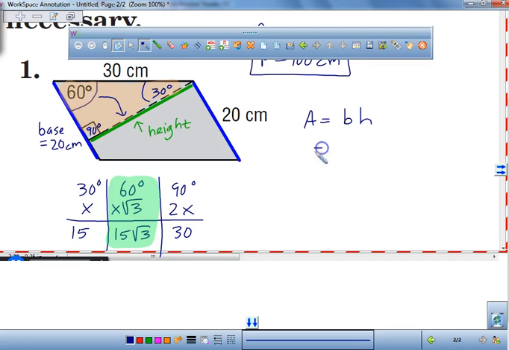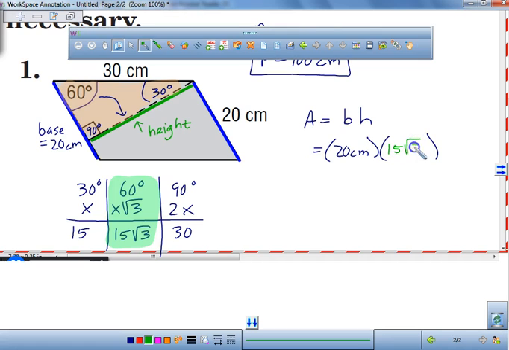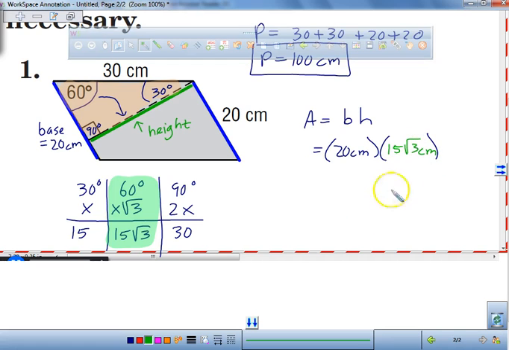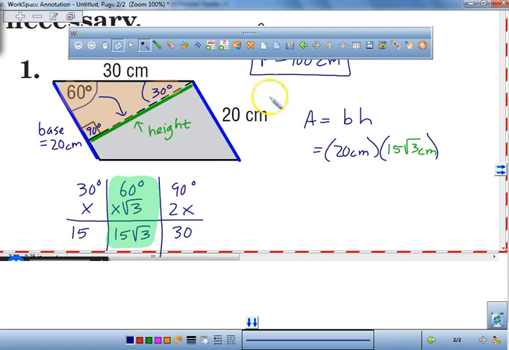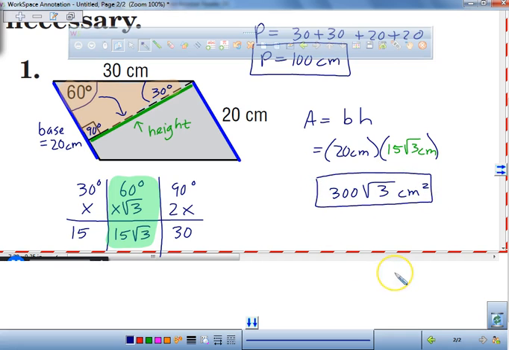So right here, I'm going to say the area is 20 centimeters times the height, which is 15 radical 3 centimeters. I'm going to call it centimeters squared. Just remember, area is always in square units.